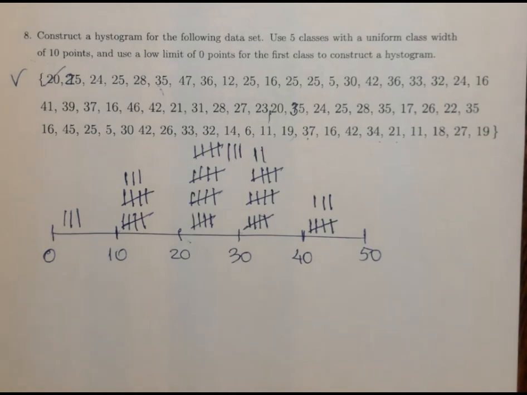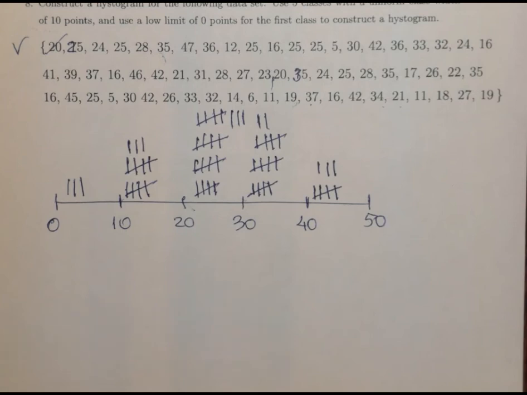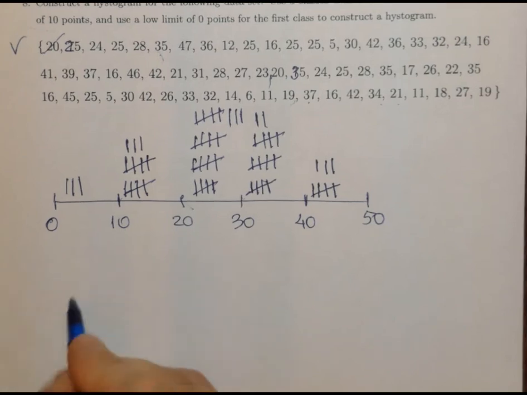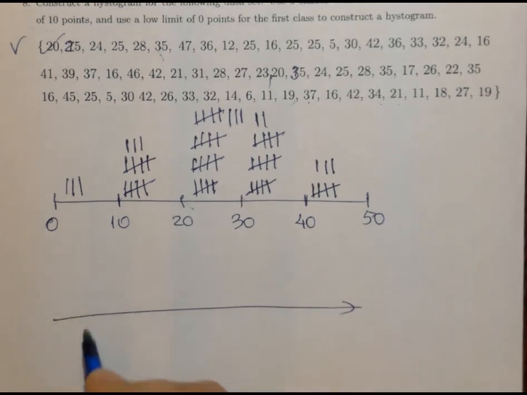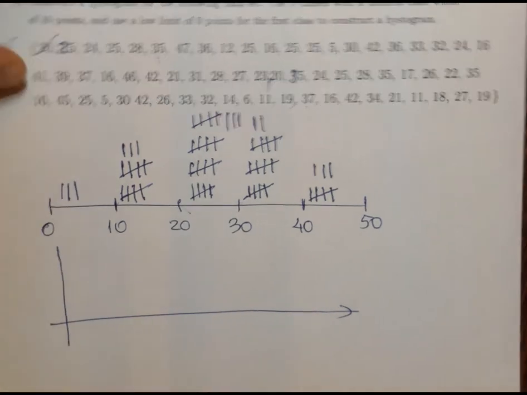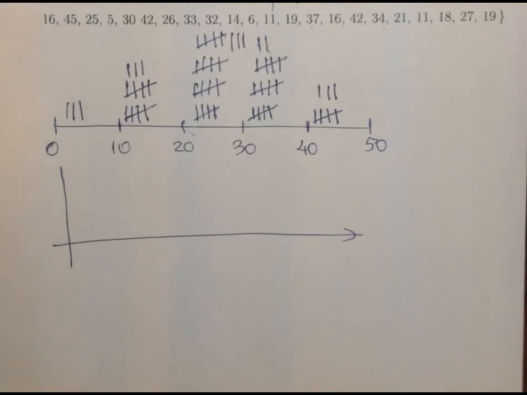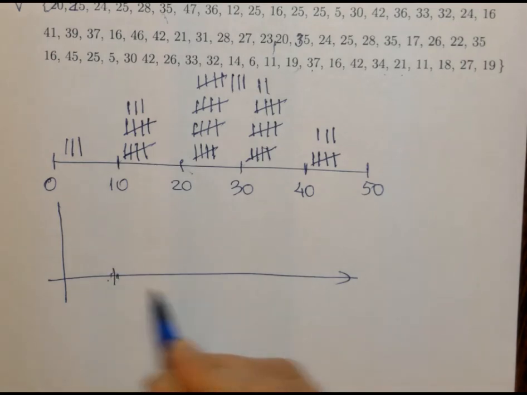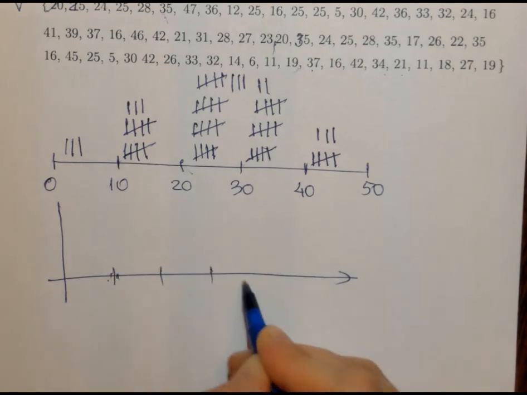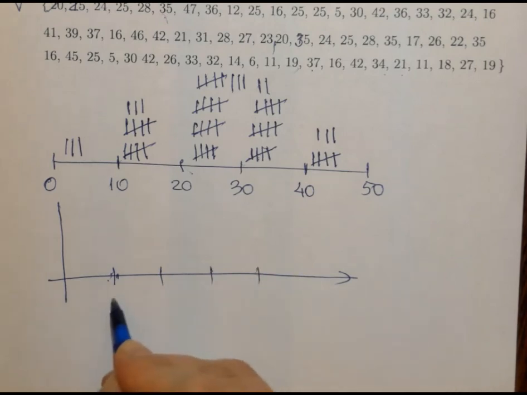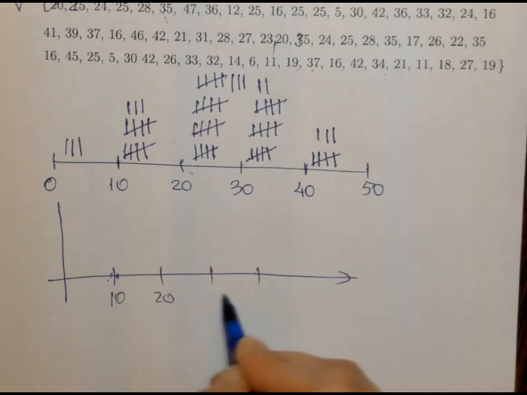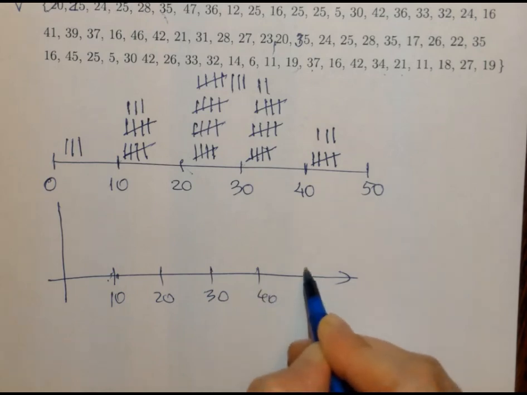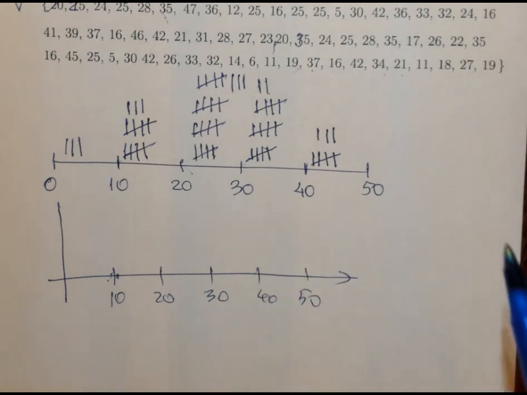So it actually looks very good like this. We can draw it a little bit better, not too accurate. So we have these 5 classes, 10, 20, 30, 40, 50.